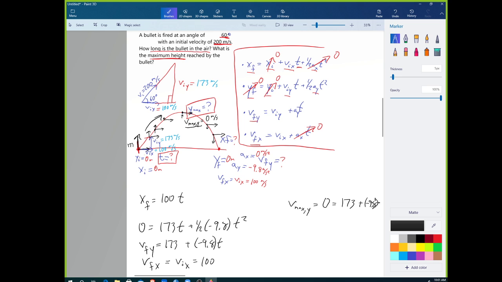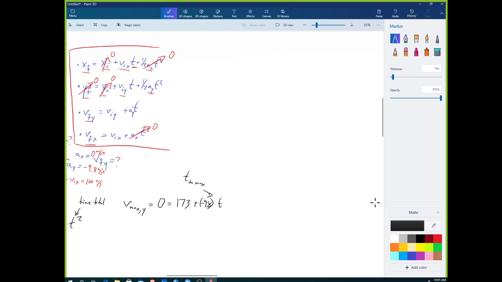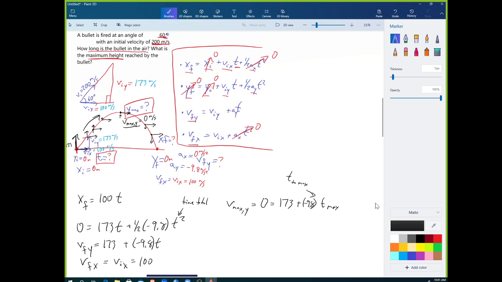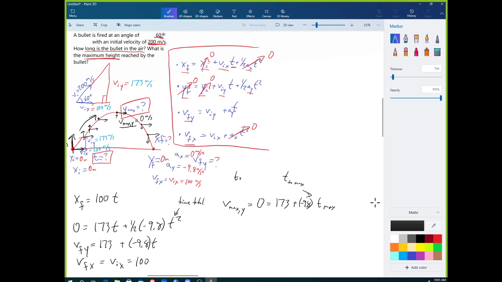Now this time, I actually do need to be careful here, because this time here is the time to the max point, where this time is going to be time total to fall. So I'm going to call this one t max, which is going to be different than t. T max is not the same thing as t total.